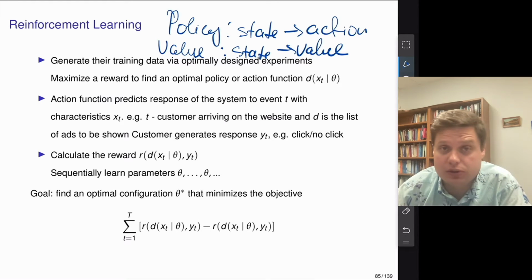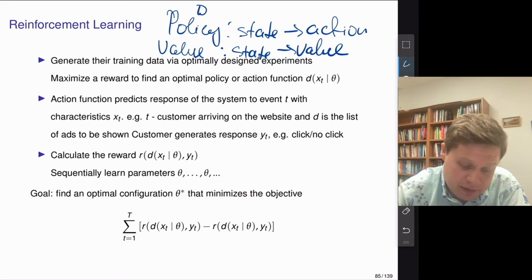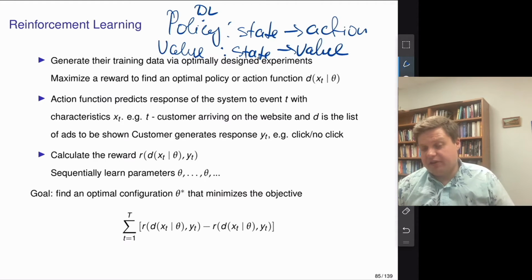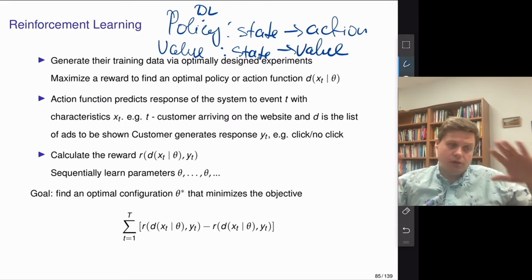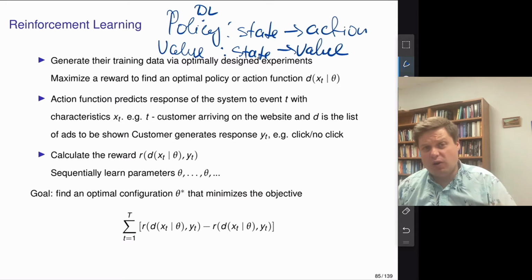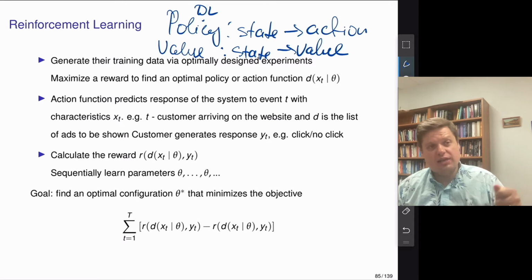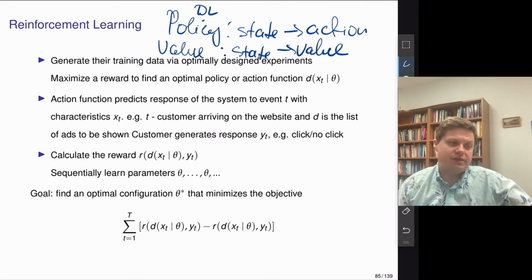So you use those two functions, and you use deep learning to represent those functions. And then you basically learn from observed data. So you have a self-driving car and you put it into a closed environment and you let it do whatever the car wants. Essentially you put obstacles around and you give a task to the car to go from one side of this test environment to another side.